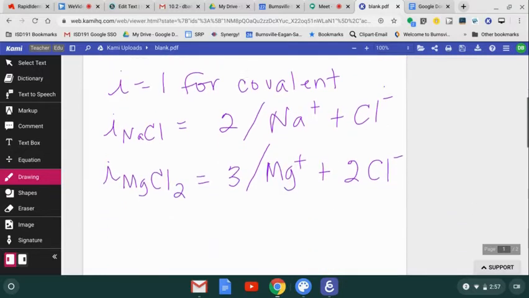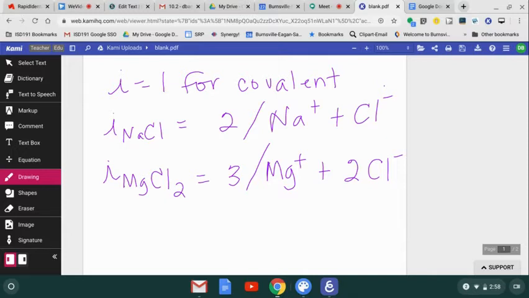With an ionic compound, though, i has to take into account the number of ions that dissociate, because when sodium chloride or magnesium chloride, for example, dissolve in water, those ions are pulled away from the crystal by the water molecules. They dissociate and are solvated.